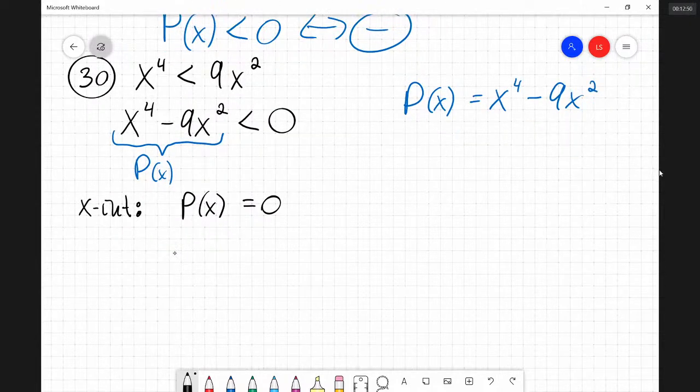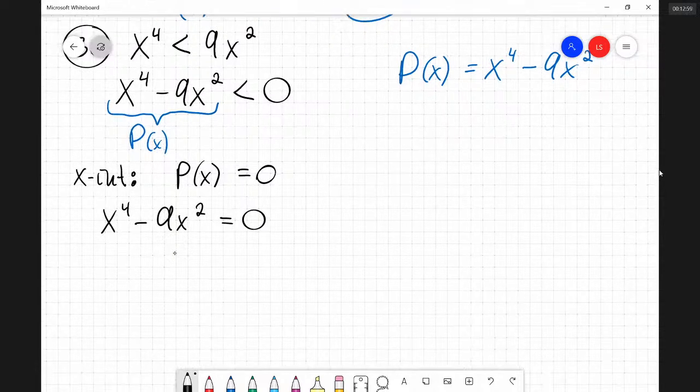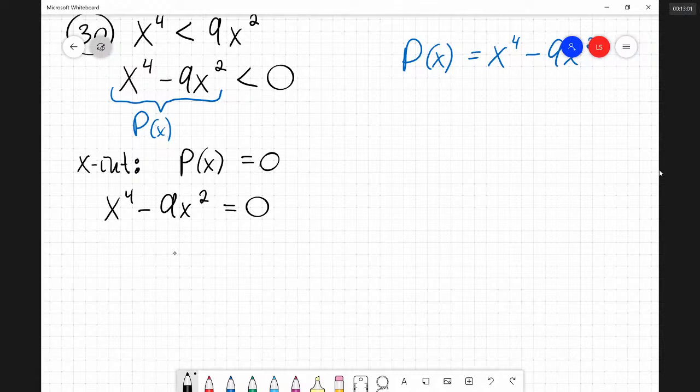So my p of x is this x to the 4th minus 9x squared. I have to solve the equation for x, of course, and this is factorization. We would like to factor this by taking the GCF out. GCF is x squared, leaving me with x squared minus 9.